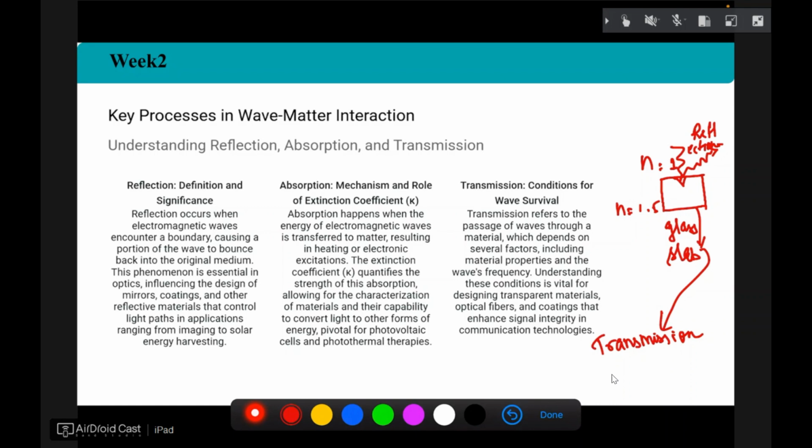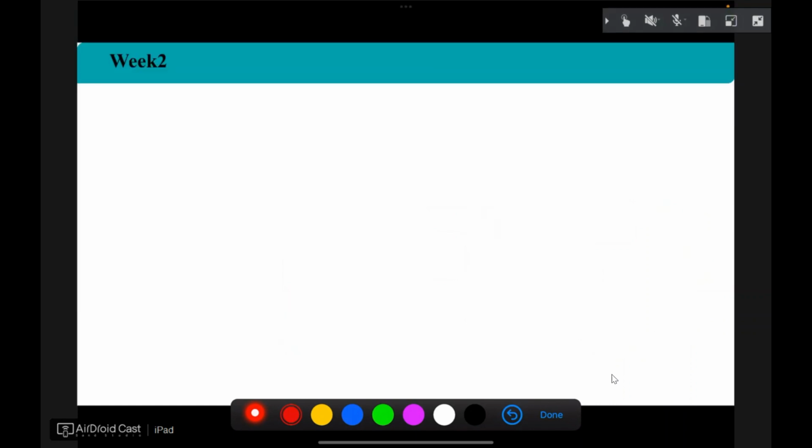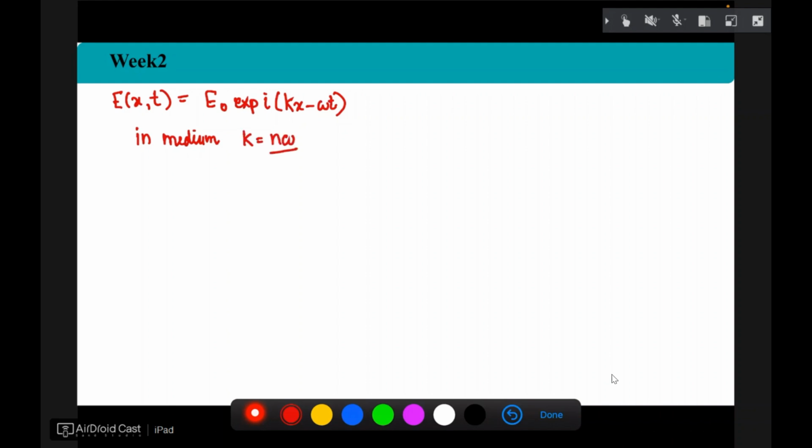For the absorption, we have E of x,t equals E naught exponential i(kx minus omega t). If we have some medium, in the medium this k is equal to n omega by c, where n can be complex.